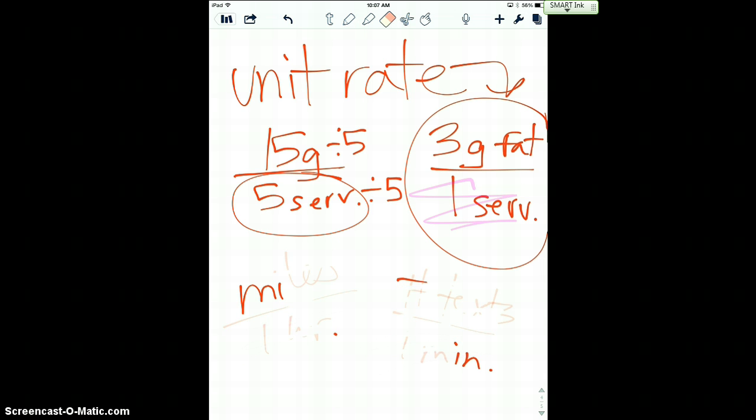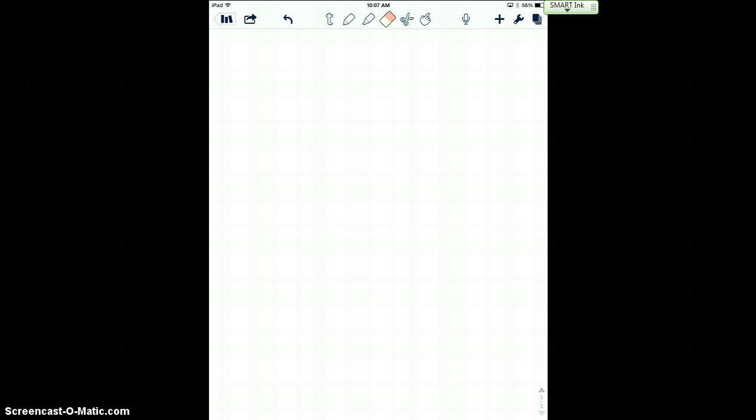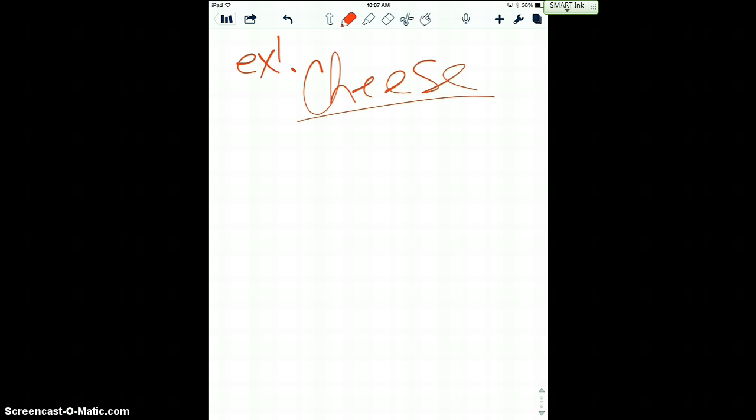And I'm going to be making use of a calculator in some of these, and you can too. So let's say we are talking about example 1, cheese. Yum. Unless you're dairy free. Sorry, you can't eat that amazing stuff. Let's say a package of cheddar cheese contains 15 servings.